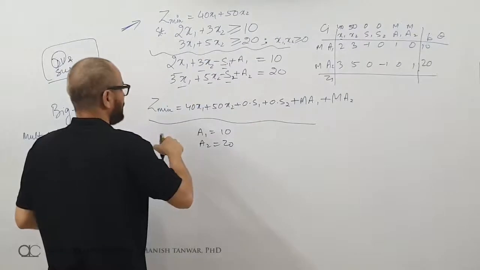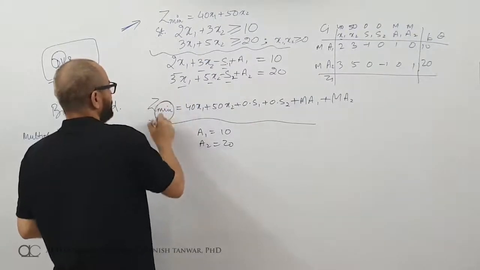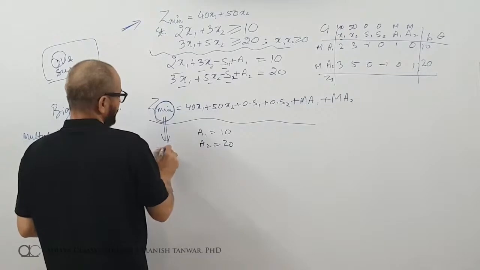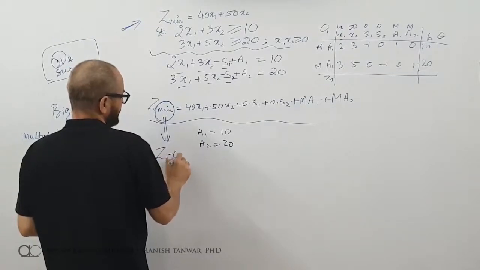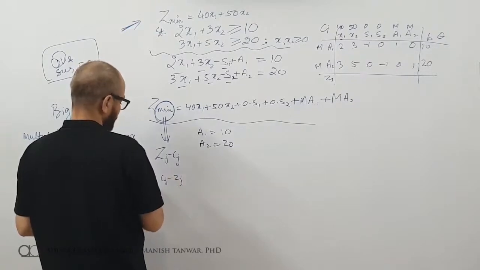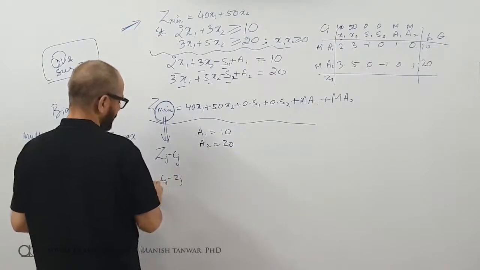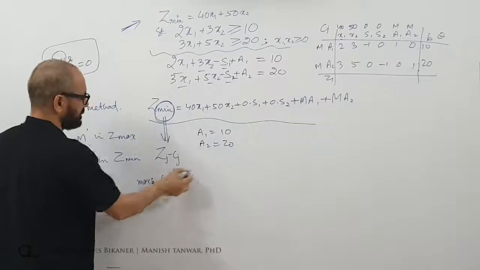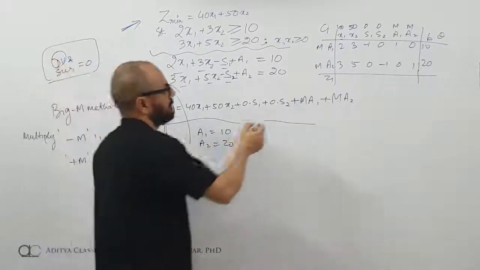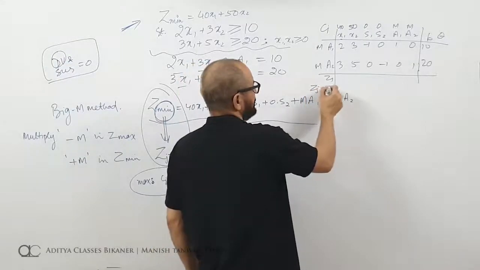Remember in the start of this lecture I told you that this min, what is effect of min? Effect of min is that we will take Zj minus Cj instead of taking Cj minus Zj. Cj minus Zj in case of max, today we are talking of min, so it will be Zj minus Cj.